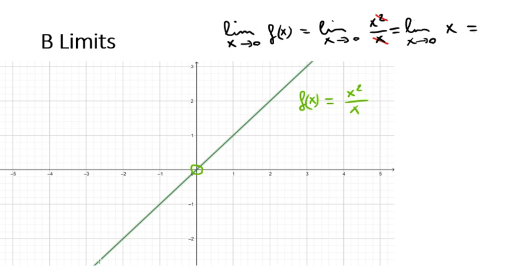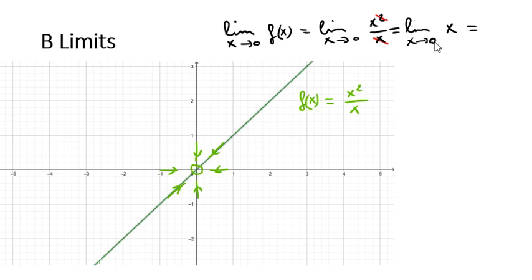And on the graph here we can see that when x approaches 0, the y value approaches 0 as well. So the limit must be equal to 0.